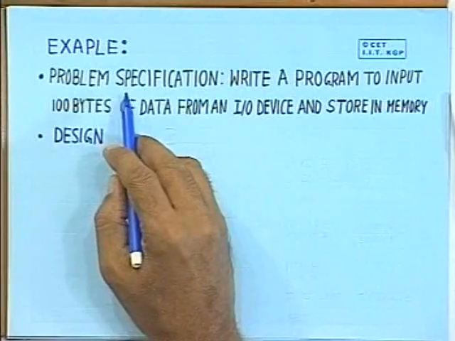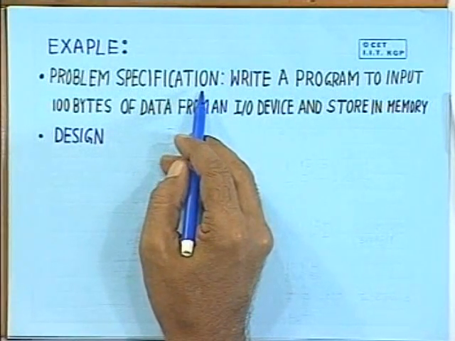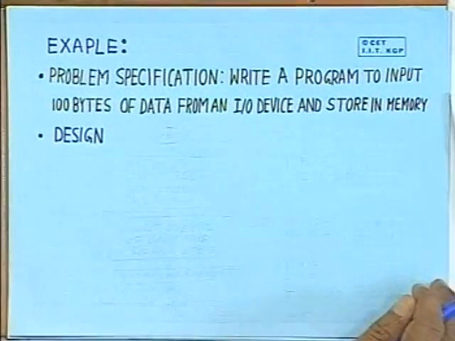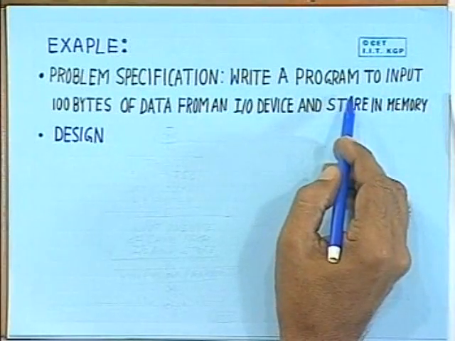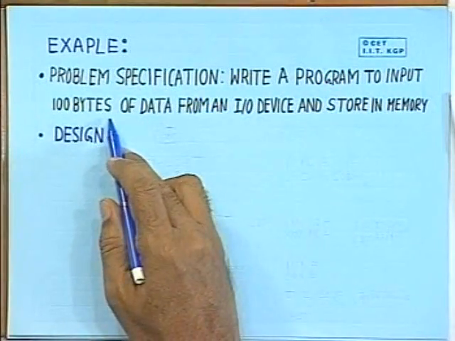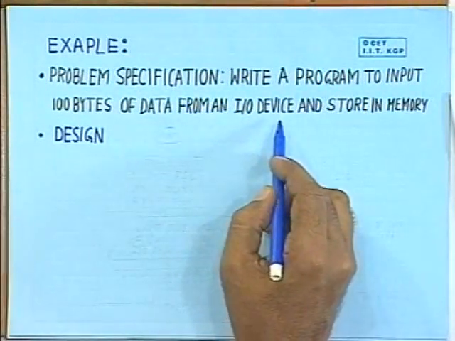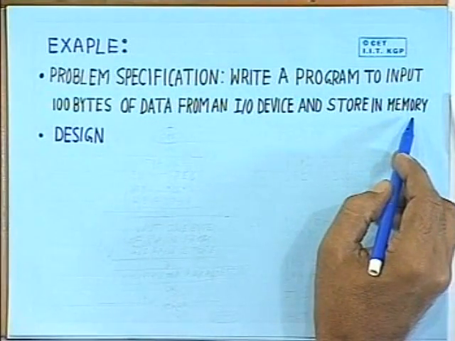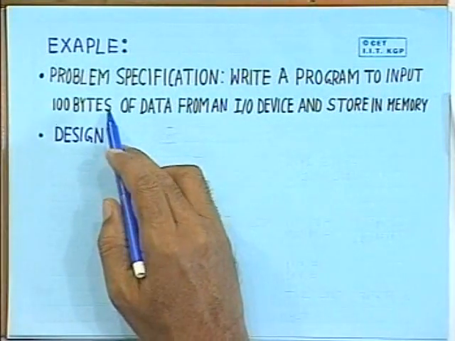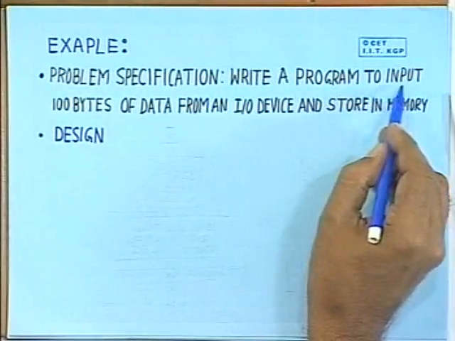So let us see with the help of an example how it is done. Here let us start with the formal specification of a problem. We would like to write a program to input 100 bytes of data from an IO device and store it in memory. So we are reading 100 bytes of data from an input output device.